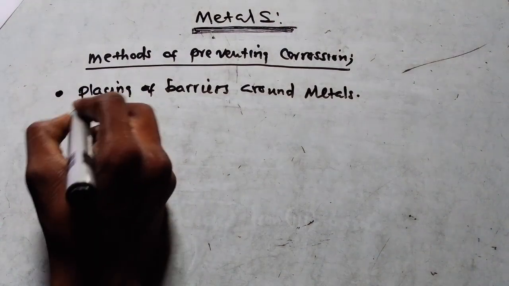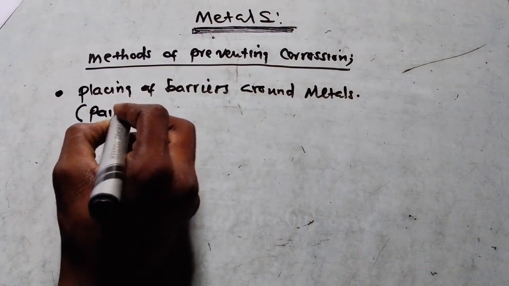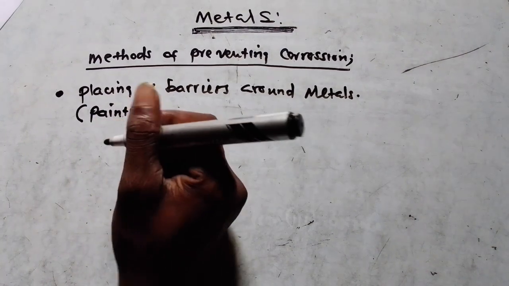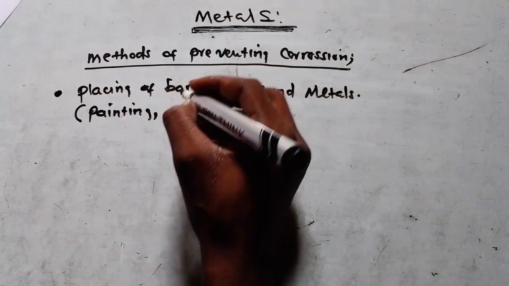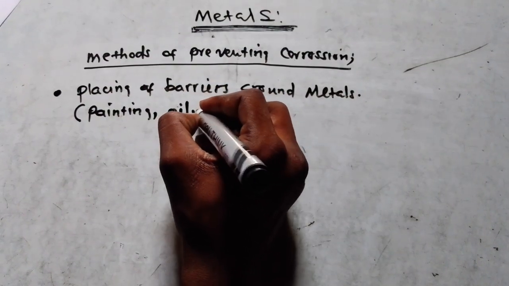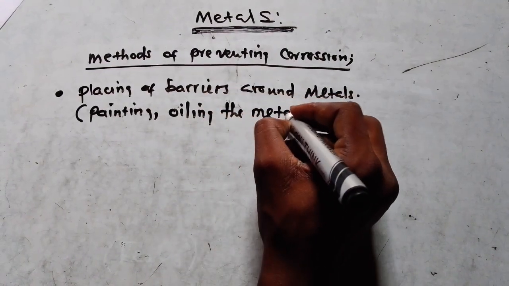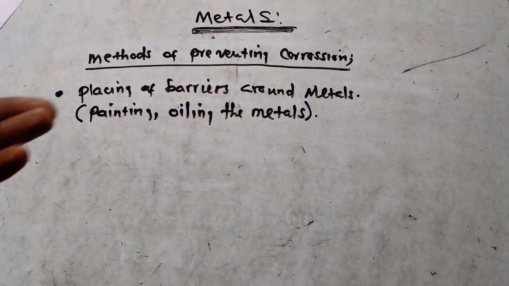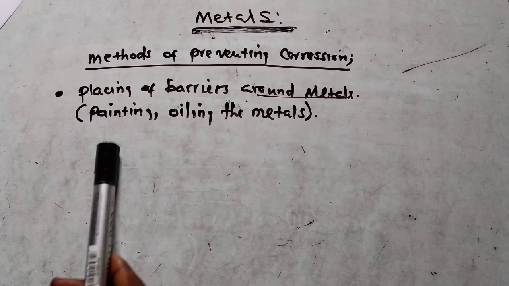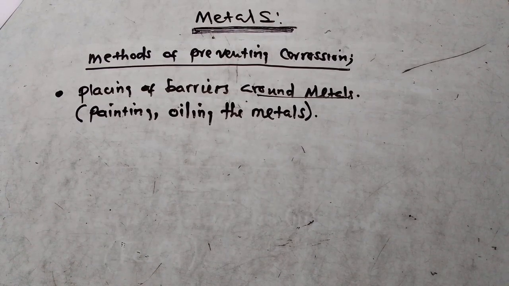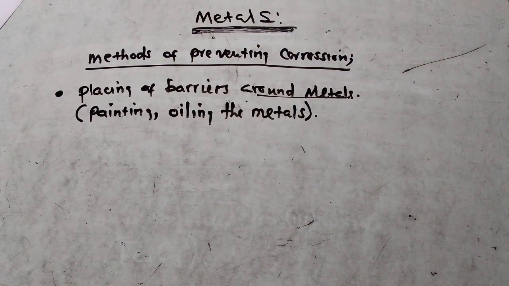Examples of barriers that we can use to protect these metals are painting and oiling the metals. So placing a barrier around metals means painting or oiling the metals. Once we do that, we are going to prevent corrosion from taking place on the metals.